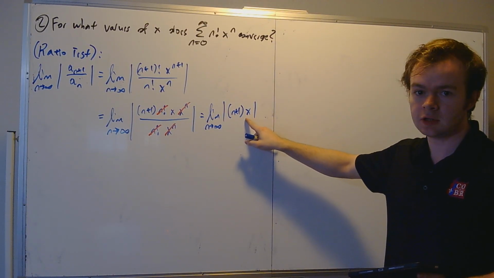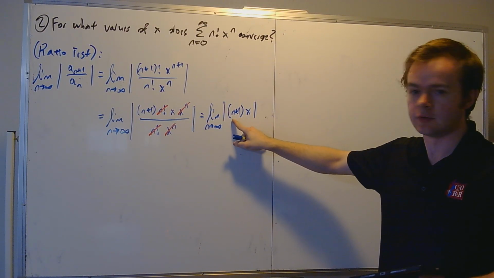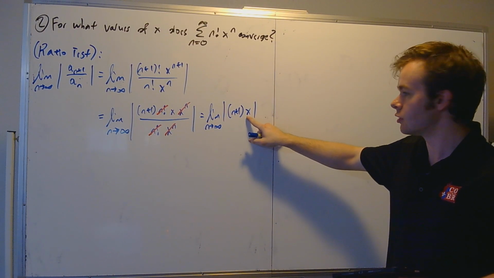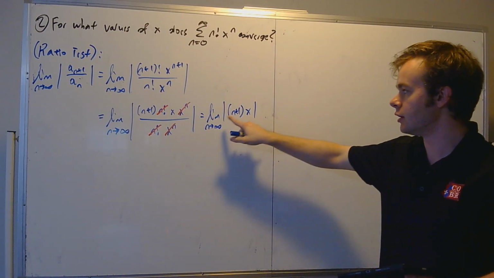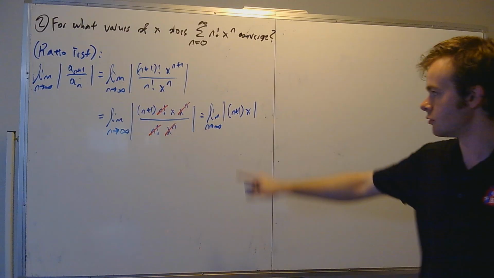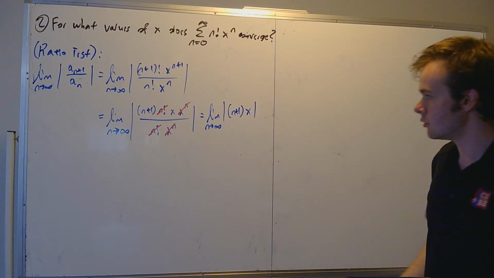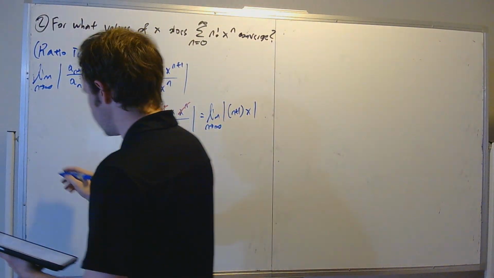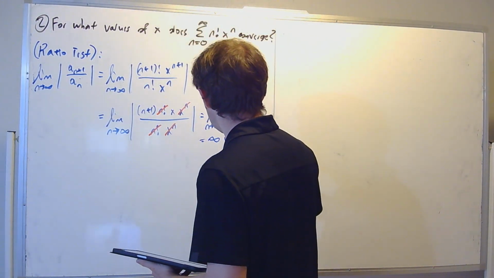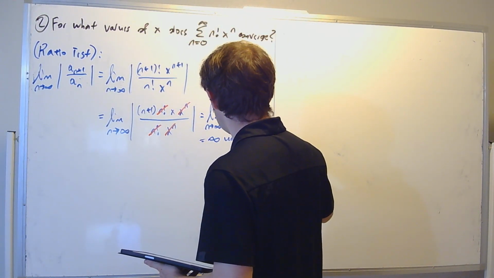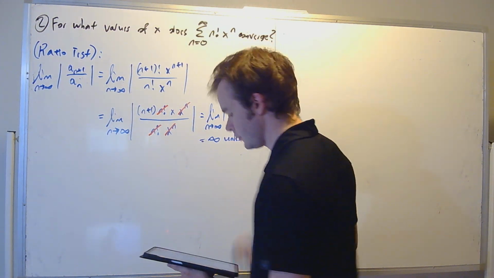Well, what can x be equal to make this not infinity? The answer is going to be 0, right? Because if x is equal to 0, it doesn't matter what n is doing because this is just being multiplied by 0. So we'll say here that this is equal to infinity unless x equals 0.